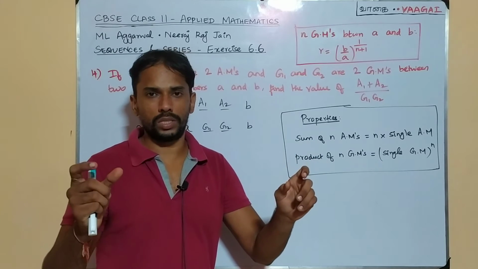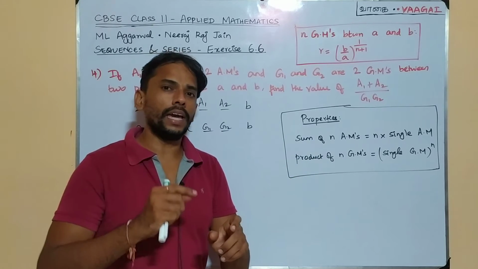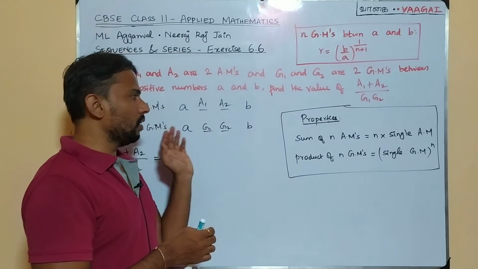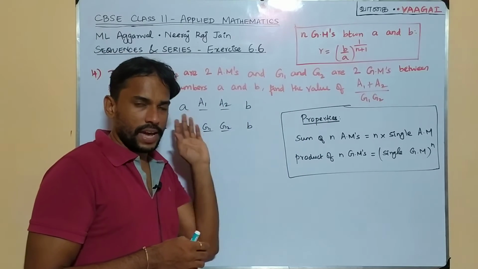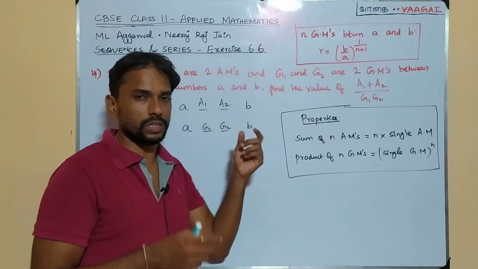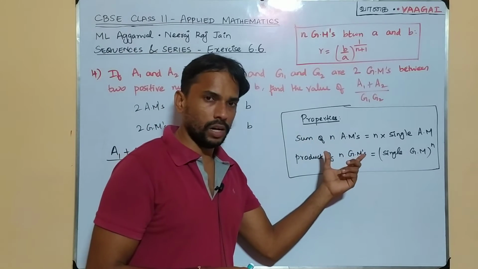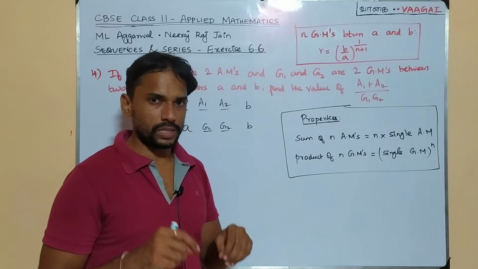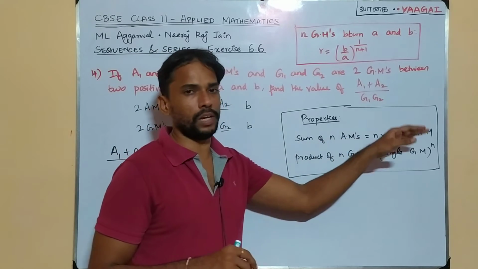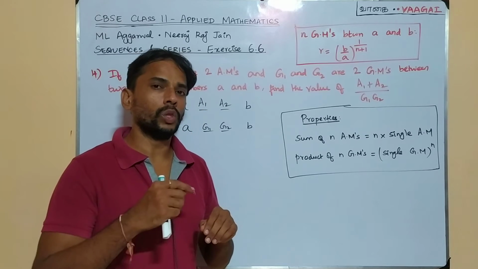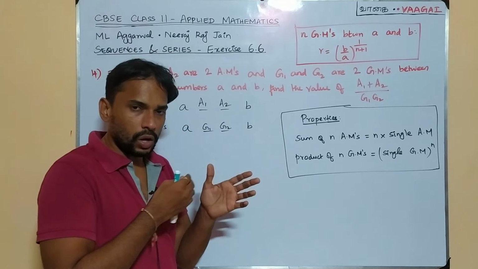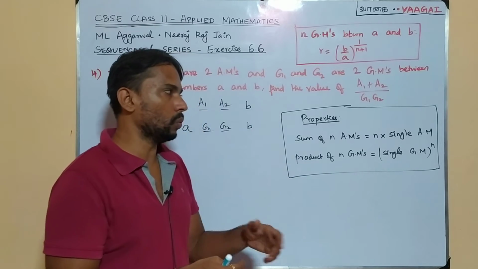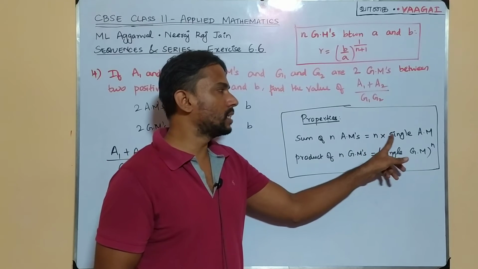Given any two values, here a and b, if you insert n arithmetic means between those two values, then the sum of those n arithmetic means will be equal to n times a single arithmetic mean.